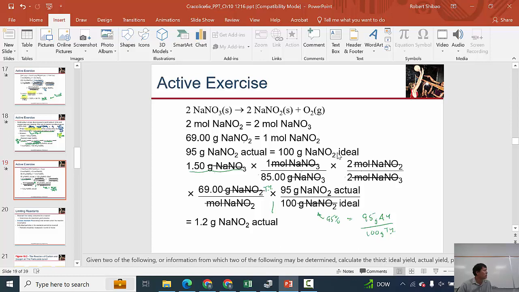The other way we could do it is stop here with the theoretical yield and plug it into the equation for percent yield, and we know the percent yield is 95%. It's probably better to use the percentage as a conversion factor. Let's calculate both of those here.